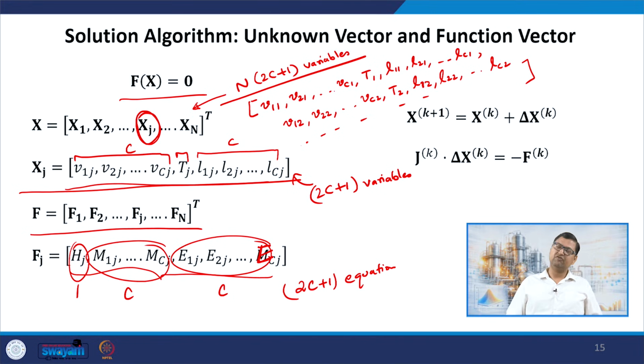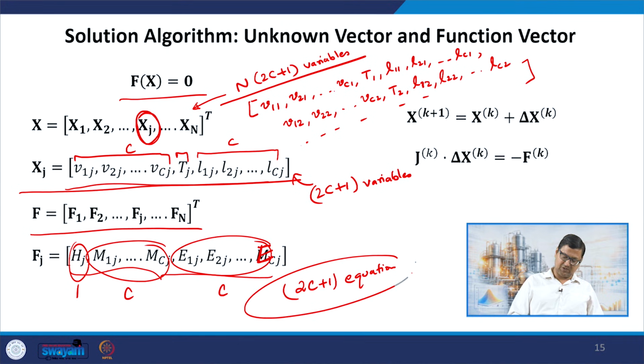The same is true for functions. These 2C plus 1 equations are for stage j. So, for every stage I am going to have a block in that function containing these equations in this particular order. The order is also very important here.